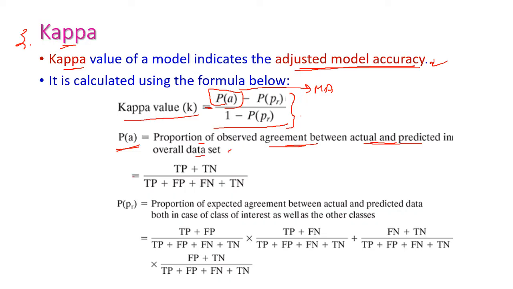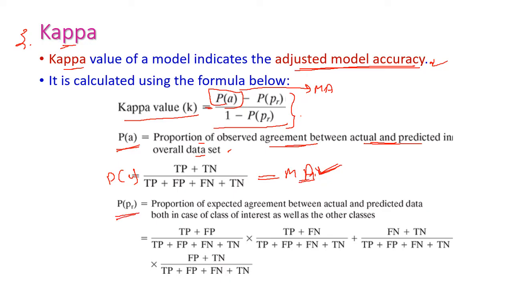How many percentage of correct predictions the model will produce, that is called model accuracy, isn't it?